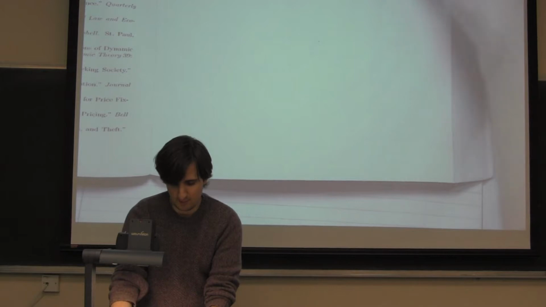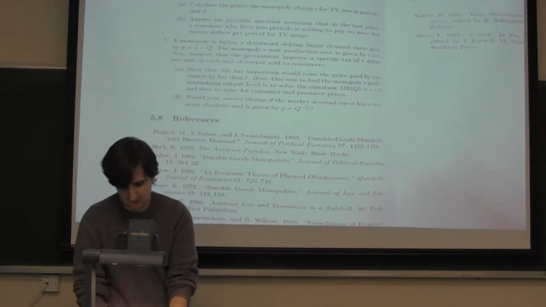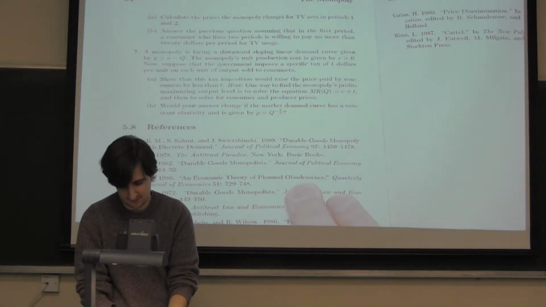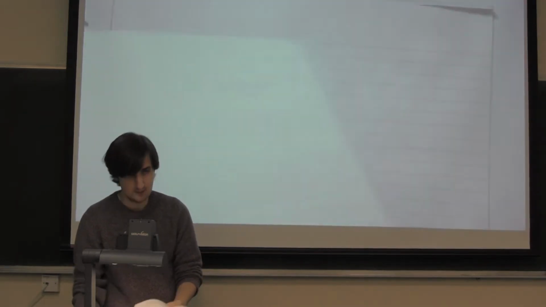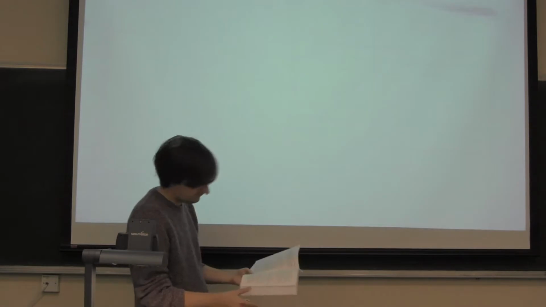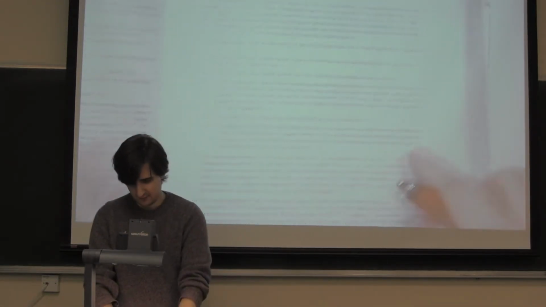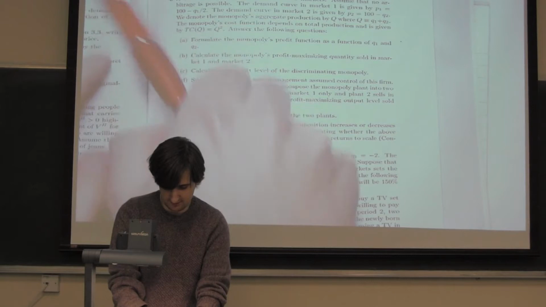Okay, so we've got to calculate the prices the monopoly charges for TV sets in period 1 and 2. Well, period 2 sounds easy. So what price are they going to charge in period 2?